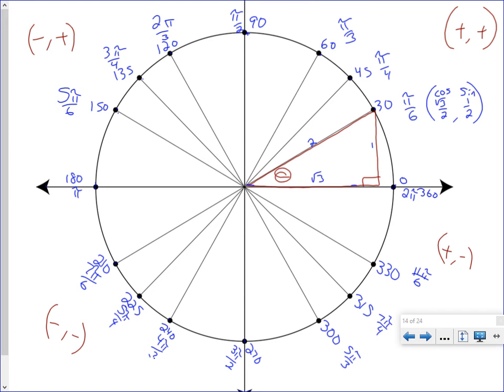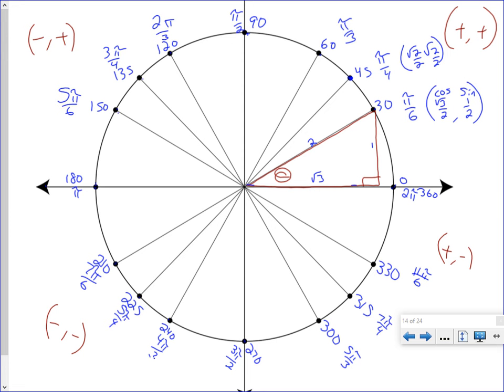Well, it's √2 over 2. Very good. So your cosine and sine value are √2 over 2. They're both the same. That's convenient because we'll get to that. I won't tell you yet.